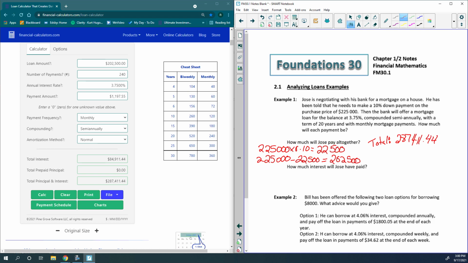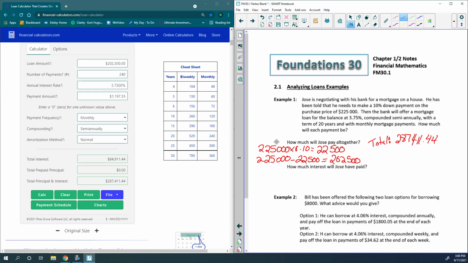Now, just a note, so that's how much he's paying on his mortgage, but he already paid this 22,500.